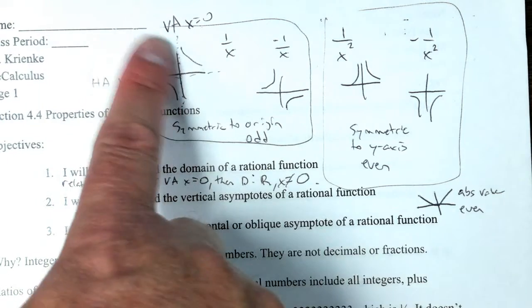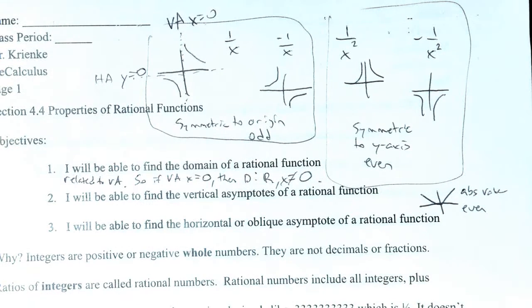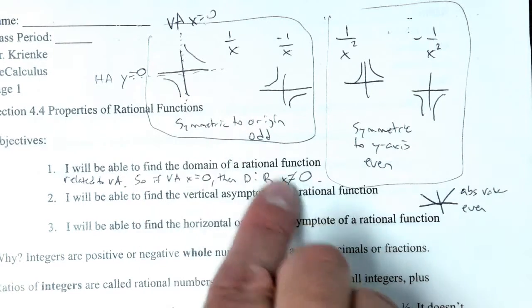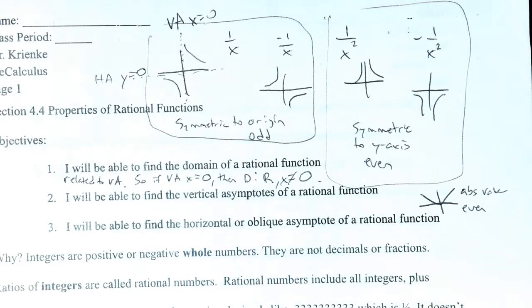If you have a vertical asymptote at 0, it's defined for every other value. And so your domain is not going to include where your vertical asymptote was. Okay? Questions? All right. Then be able to locate the vertical asymptotes and your horizontal or oblique. So those are your objectives.